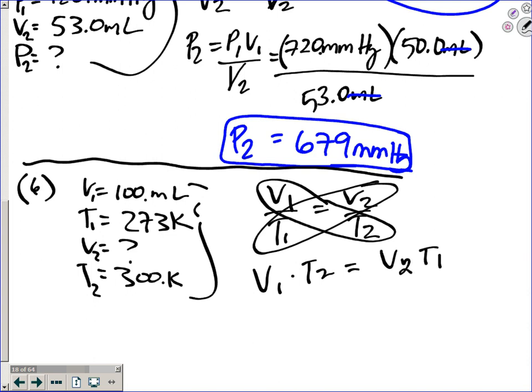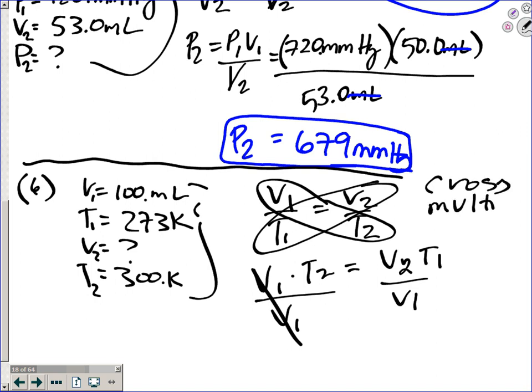And if I still want to isolate that, I would then divide by V1. So cross multiply and divide. This is isolating or finding the denominator. I don't know how you guys learn that now. Floppy dot choppy, something like that. It's kind of like that, but it's not.